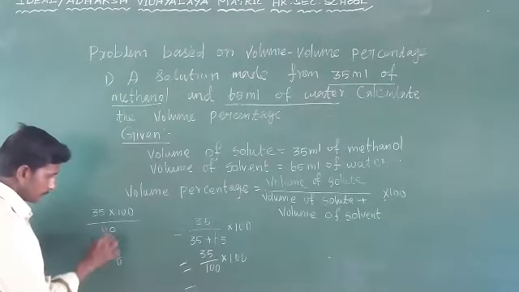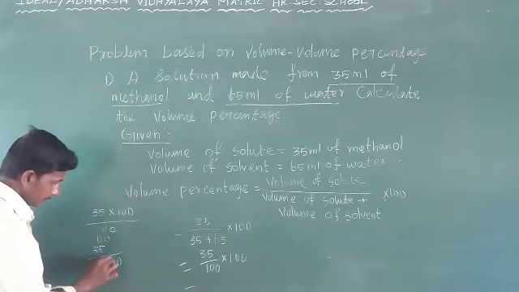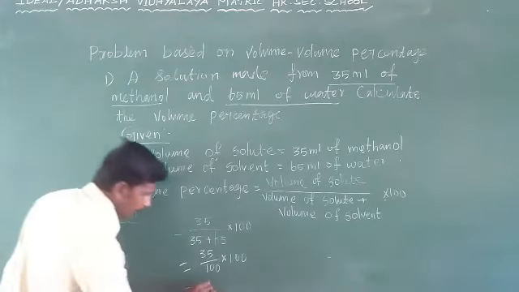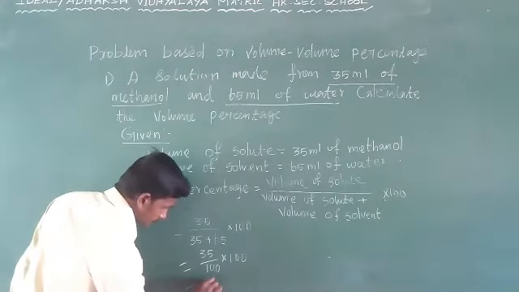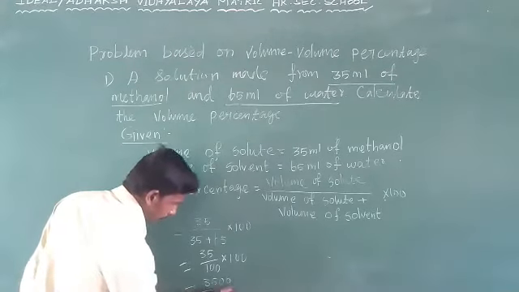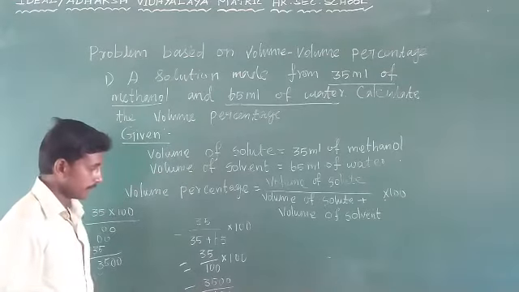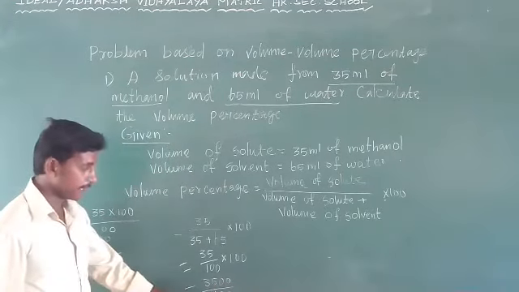So we get 3500. Then 3500 divided by 100.